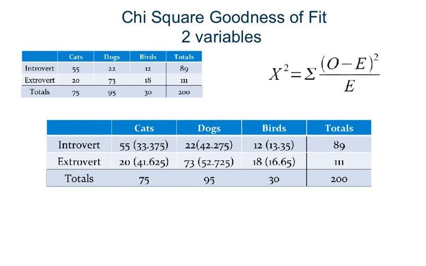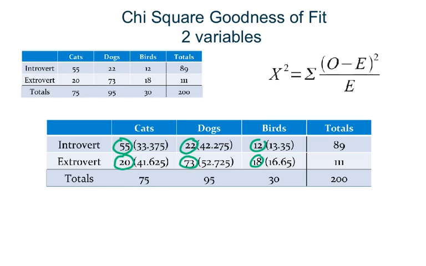Through the magic of technology, I've just changed the contingency table, as we call this, to reflect the observed and the expected frequencies. So if we look here, we had 55 observed cat owner introverts, 22 observed dog owner introverts, 20 cat owner extroverts, and so on. Those are all of our observed frequencies.